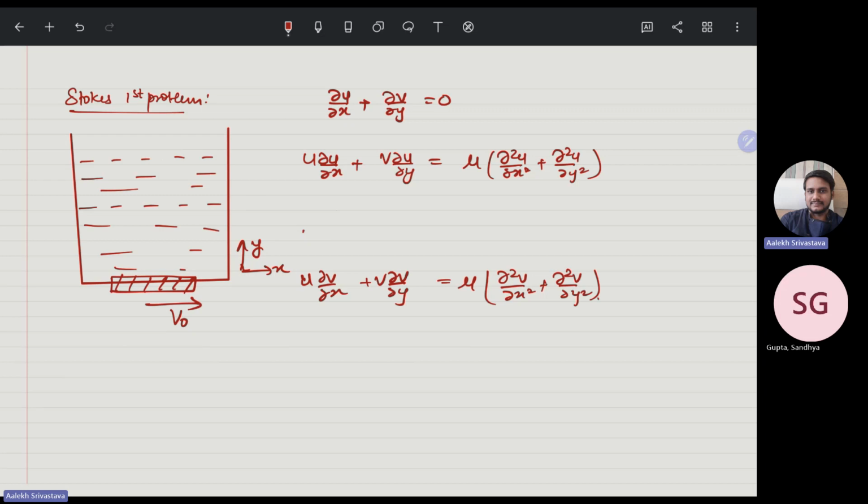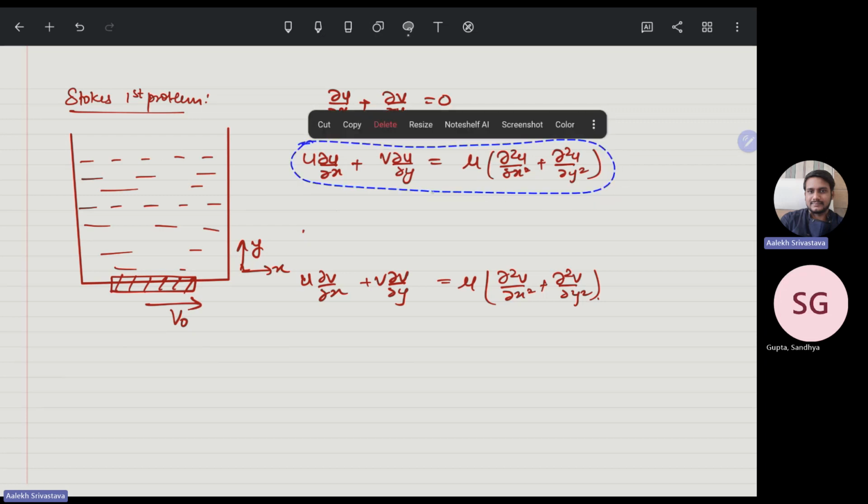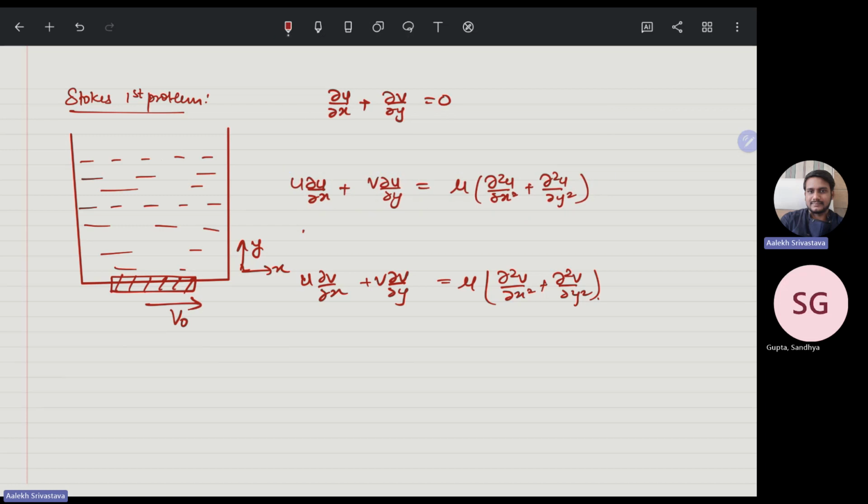Now you have the continuity and momentum equations. What we need to do is, we know from this equation that x is very large and y is approximately, we say, it will change with time. At the bottom there is a plate.